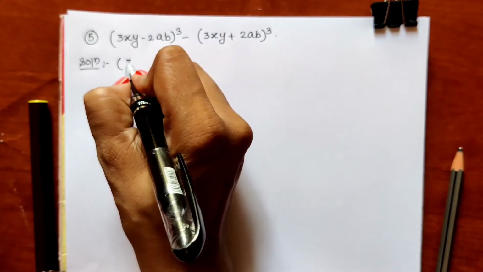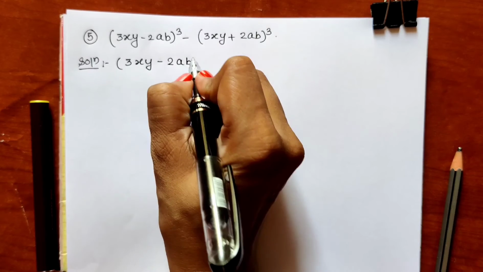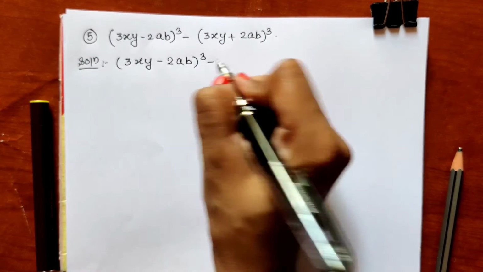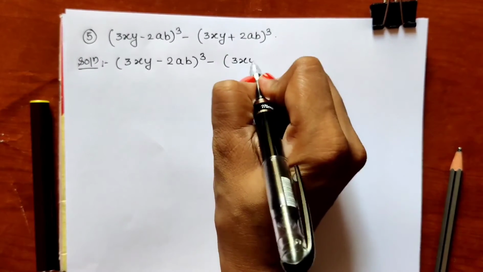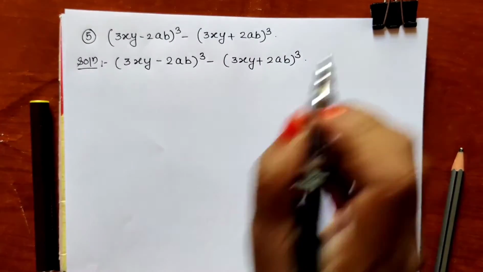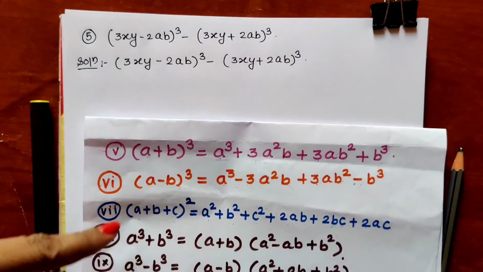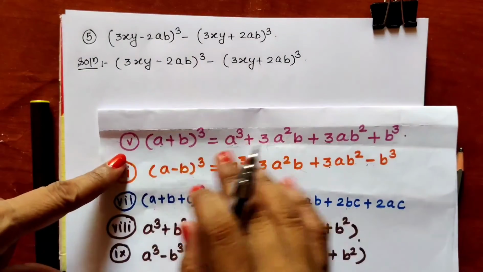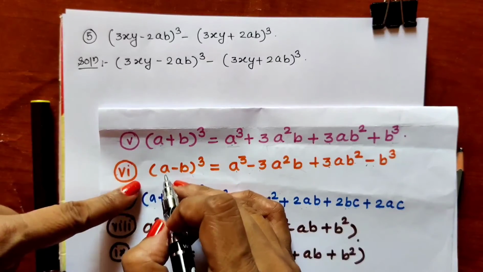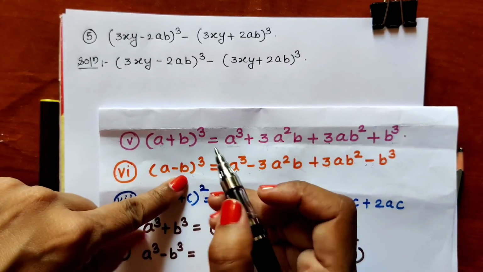In the solution, write the question again. (3xy minus 2ab) whole cube minus (3xy plus 2ab) whole cube. Now in our sum, in place of a, we will have to write 3xy, and in place of b we will have to write 2ab.